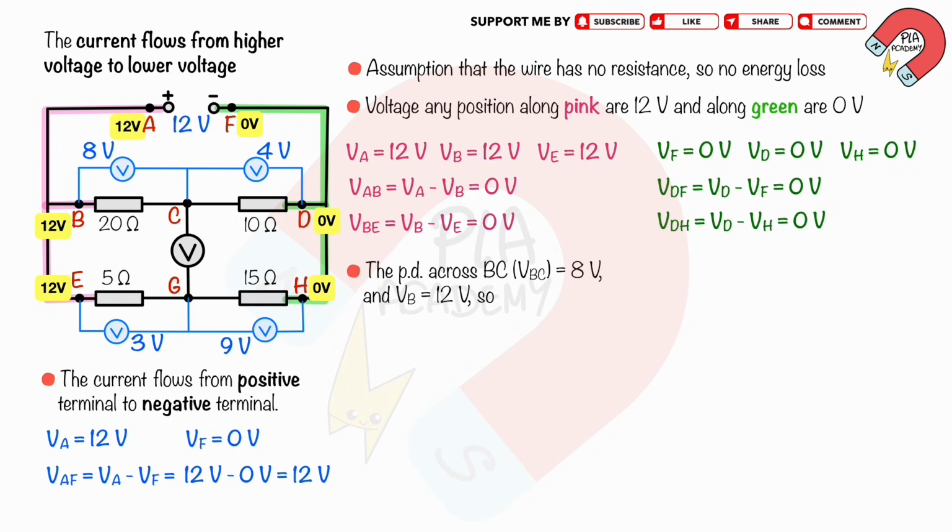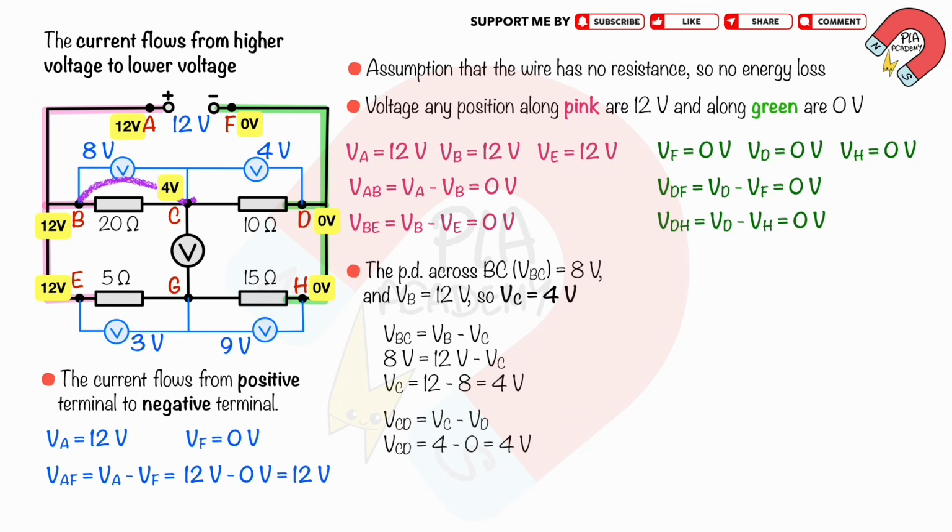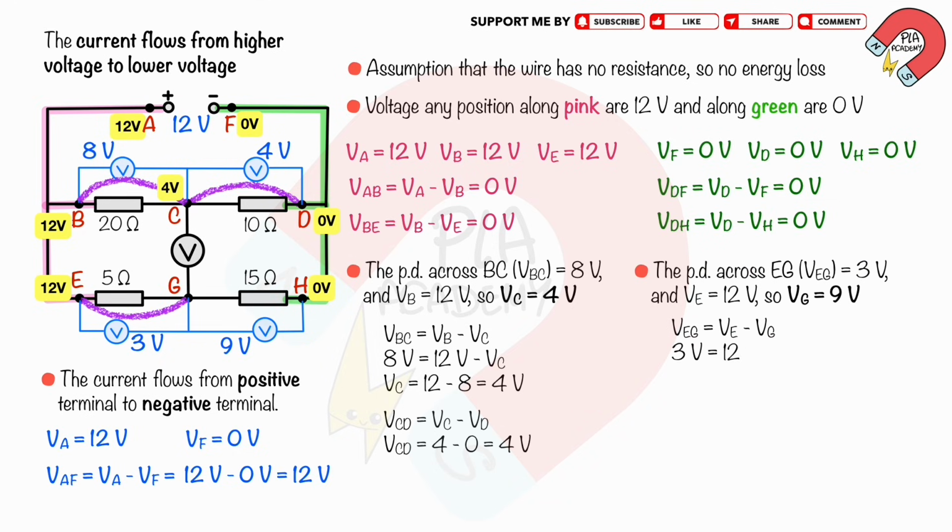The PD across BC equals 8 volts, and the voltage at point B equals 12 volts, so the voltage at point C equals 4 volts. The PD across CD equals the voltage at point C minus the voltage at point D, which is 4 minus 0, equal to 4 volts. The PD across EG equals 3 volts, and the voltage at point E equals 12 volts, so the voltage at point G equals 9 volts.